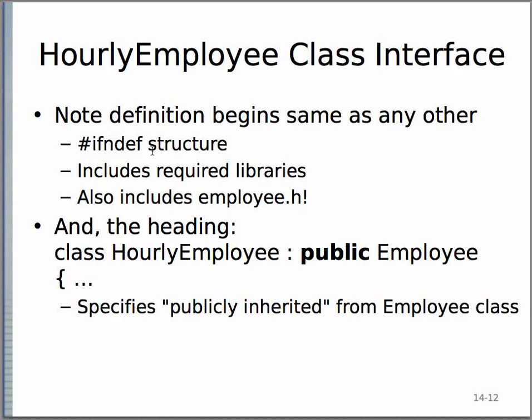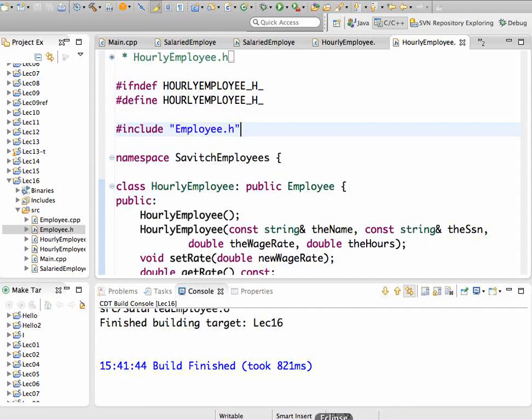There's the #ifndef and #define, and then you include any required libraries. In the book they put in all of the usual things like iostream, string, and so on, and it turns out we don't really need all of that stuff. Really all you need is the superclass .h file.